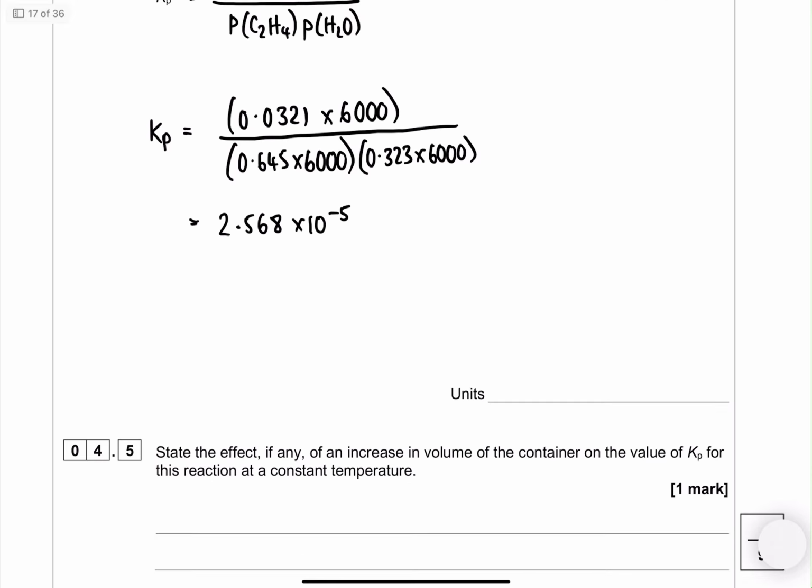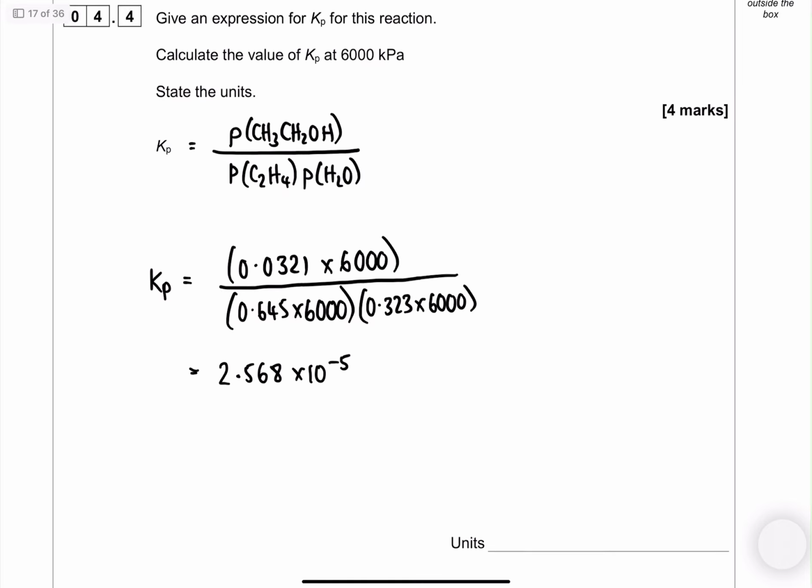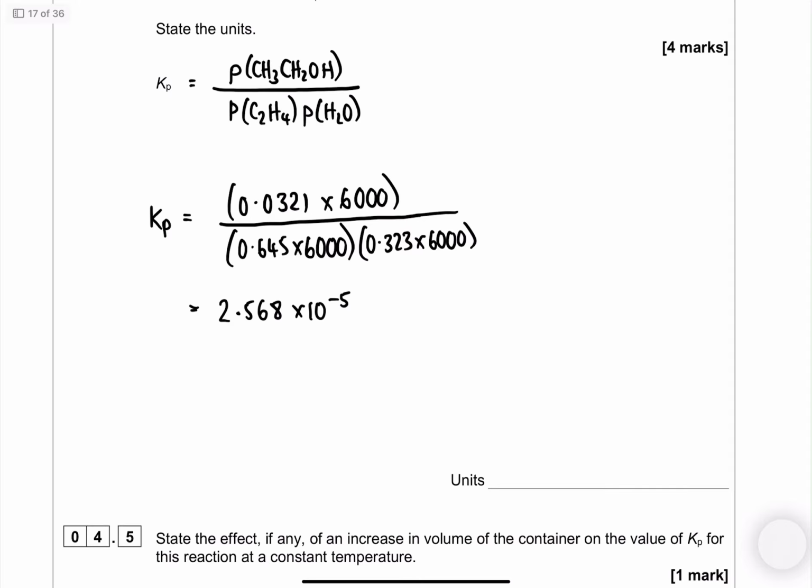And it says give the units. And so our units, we've got kilopascals on the top and kilopascals twice on the bottom. So our units would be kilopascals to the minus 1.